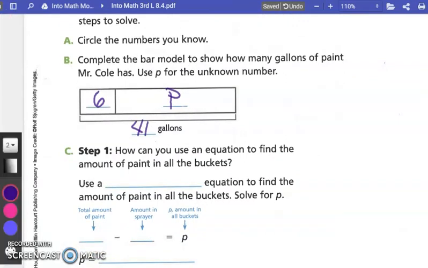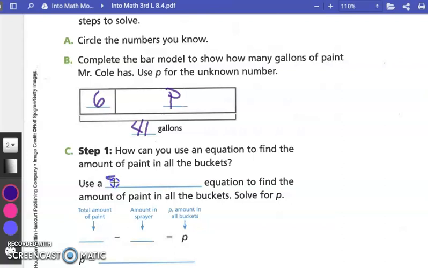How can you use an equation to find the amount of paint in all the buckets? So we know he had 41 to start with, and he put 6 in his sprayer. How are we going to figure out how much paint he has left? What was the whole? 41. Are we going to add or subtract?